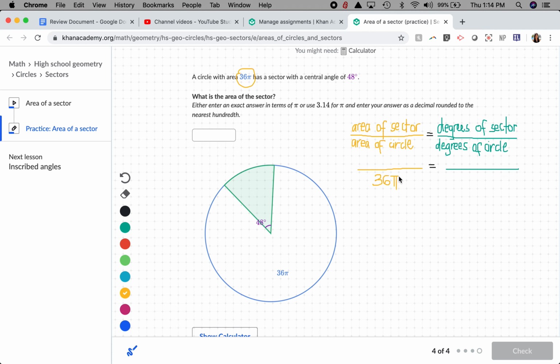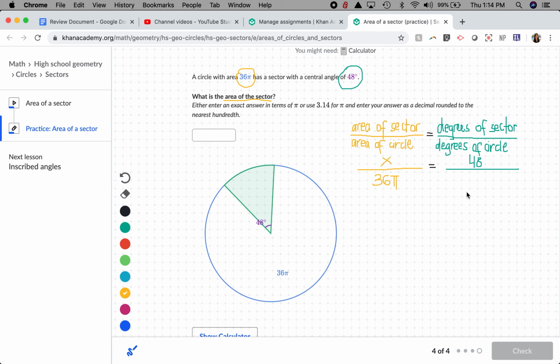Okay. We are also given the degrees of the sector. Again, the sector just is talking about this lightly shaded green area. So we are given that the degrees of that is 48 degrees. Now we are being asked to find the area of the sector, which means area of the sector is going to be x.